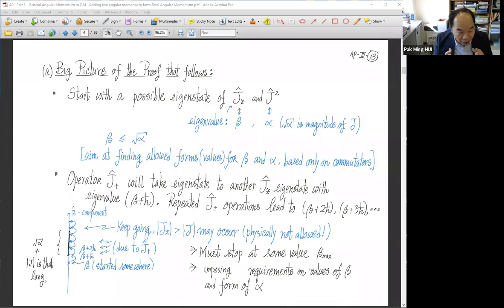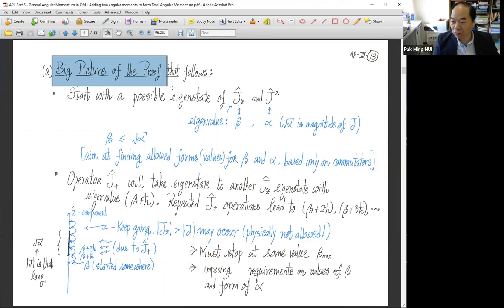Okay, so that is my philosophy. Therefore, at the beginning, before we do any proof, I would like to sketch to you the big picture of the proof. There are a few key steps.